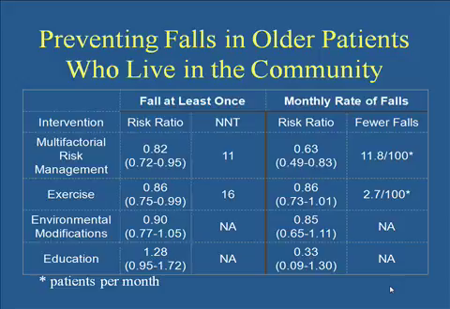For those of you familiar with the term number needed to treat, you can see that at least in this particular analysis, the number needed to treat with a multifactorial risk management strategy was 11, which is quite impressive. So we know that in isolation, multifactorial risk management and exercise interventions done appropriately have been proven to be effective at reducing the risk of falling once and reducing the frequency with which people who fall.